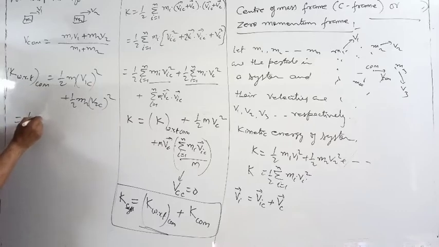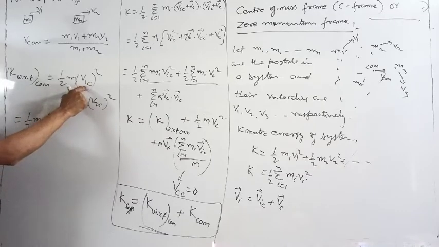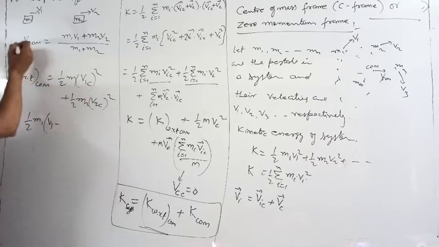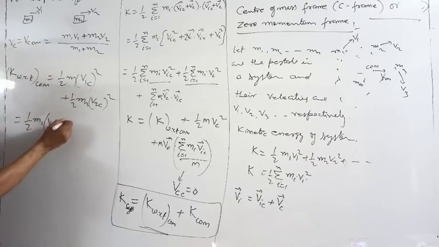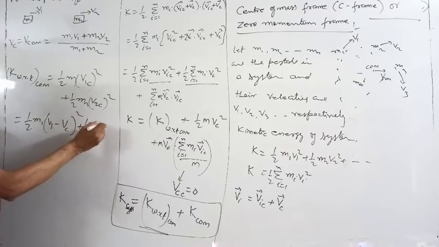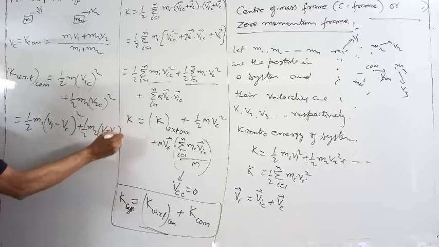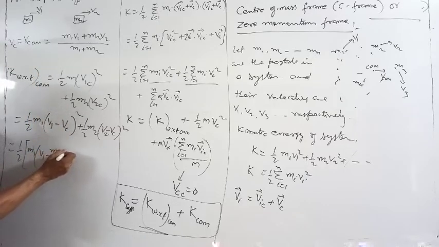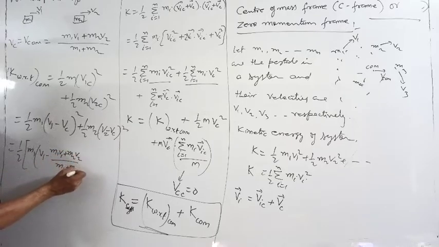Further, I can write half m1 (v1 minus vc) squared plus half m2 (v2 minus vc) squared, where vc is (m1 v1 + m2 v2) / (m1 + m2).